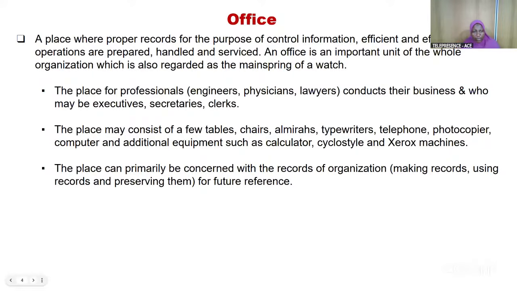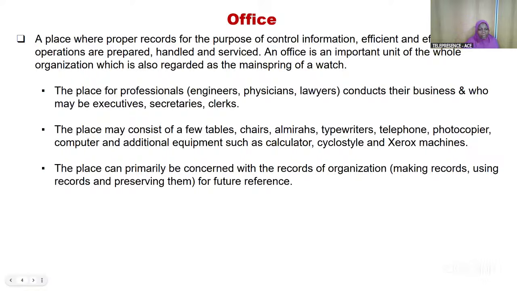Naturally, office is supposed to be a given space, but you will see along the course of this class that it is not necessarily going to be a fixed place as it is today. But from the beginning, office used to be a place which is used for the purposes of control of information, efficient operations, where professionals like physicians, lawyers, engineers meet to conduct their businesses.